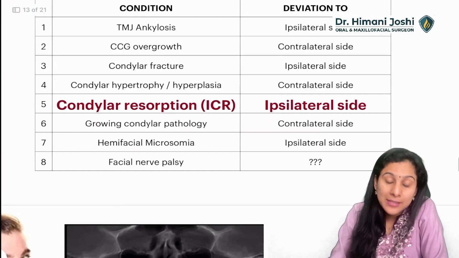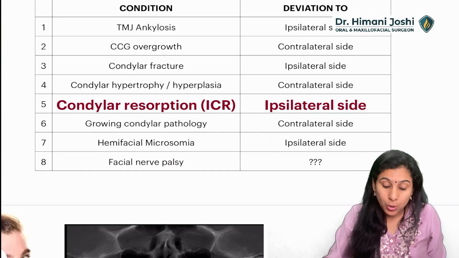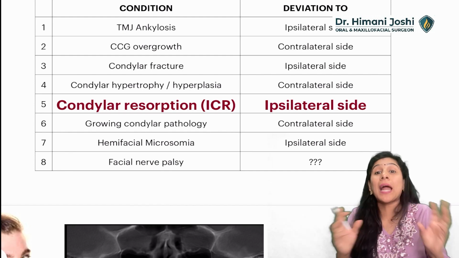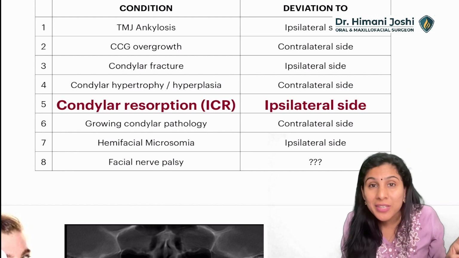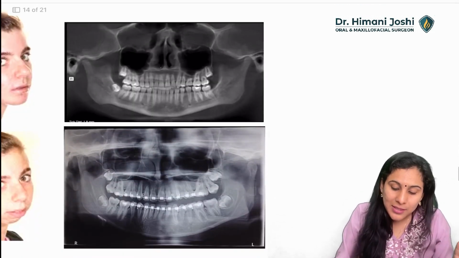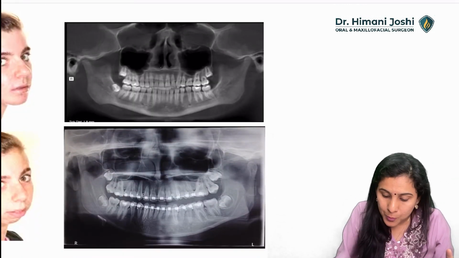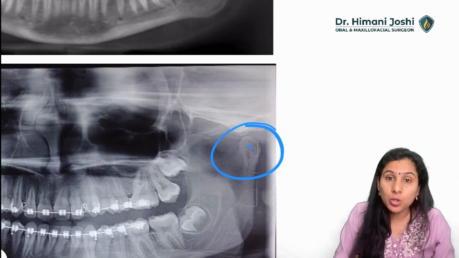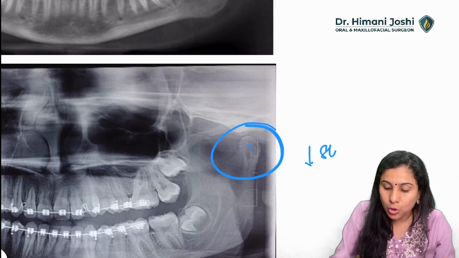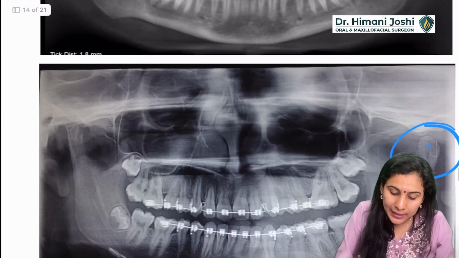Opposite to that is condylar resorption. Usually we see ICR bilaterally. And like I said, whenever there is bilateral, no deviation of chin. But in cases when there is a unilateral resorption of condyle, like you can see here, that side has become short. The other side is normal.